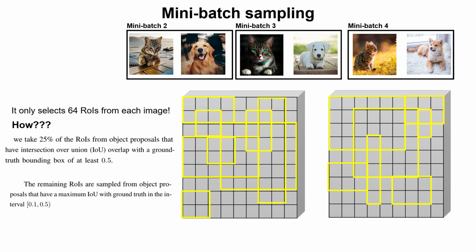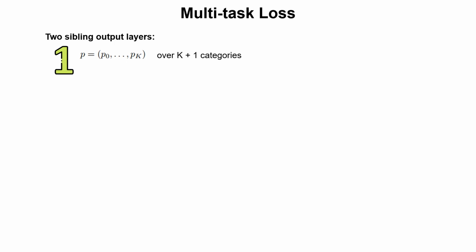The next thing we have to consider during training the model is the multitask loss, since we have both regression and classification problems at the end. We basically have two sibling output layers. The first one is vector P, which is a discrete probability distribution for our classification problem. Remember, we have K+1 categories, K for object classes, and 1 for background.